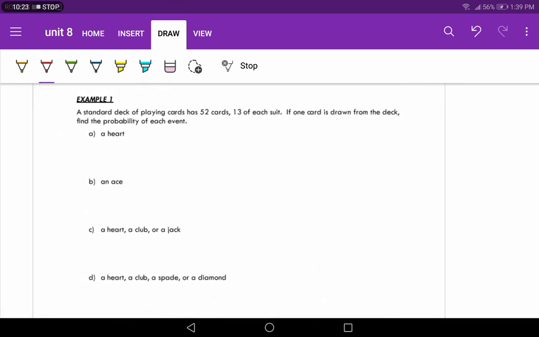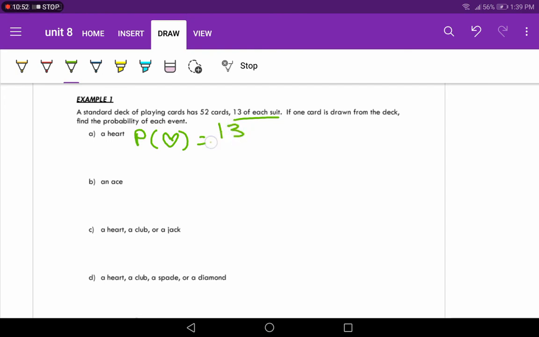Okay, so let's do a couple more examples. So example 1. A standard deck of playing cards has 52 cards, 13 of each suit. If one card is drawn from the deck, find the probability of each event. Okay, so again, we're just using our formula here. So the probability of a heart equals, however many hearts there are, we know that there's 13 of each suit.